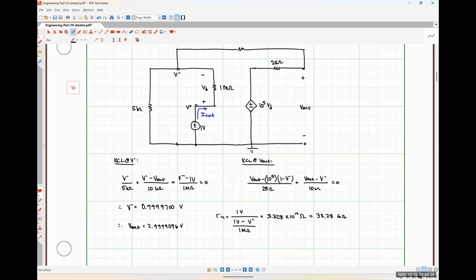Mega, giga, 10 to the 9. That can't be right. Giga is 10 to the 9. Mega is 10 to the 6. Yeah, that must be wrong. So 30,000% increase.